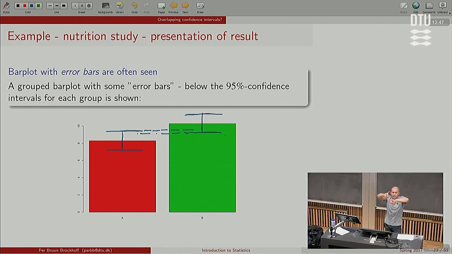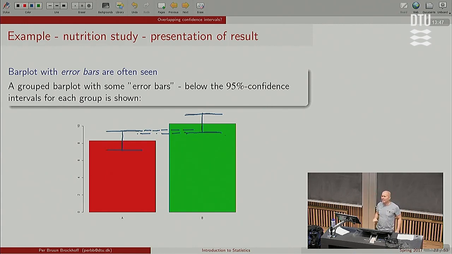These two confidence intervals here, I didn't make any mistakes. They actually overlap. What was the p-value that we just looked at a couple of times already? That was 0.008. Very strong evidence against equality. So for these data, they are not the same, but the confidence intervals nevertheless overlap.